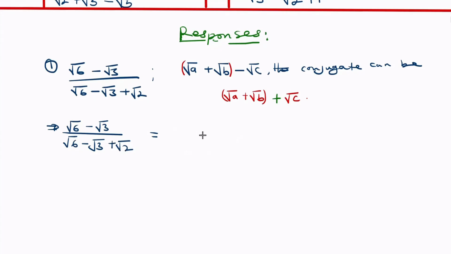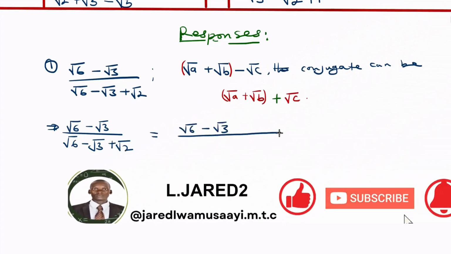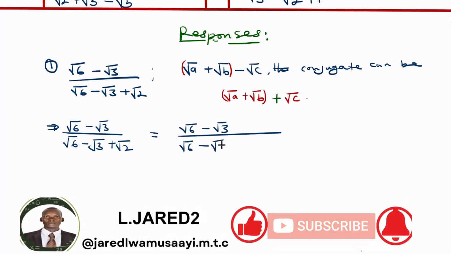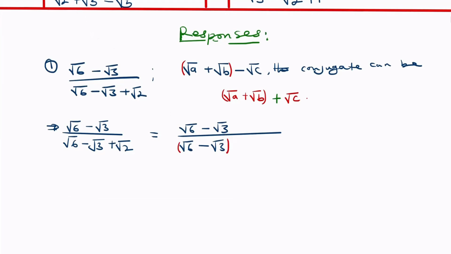If we treat root 6 minus root 3 as one entity, then since we are rationalizing, we multiply the numerator and the denominator by the conjugate, which is root 6 minus root 3 minus root 2.